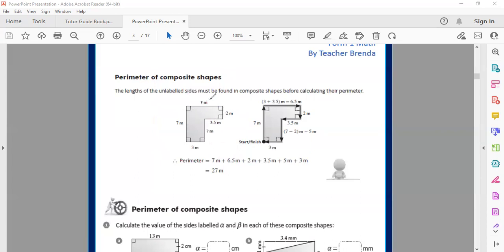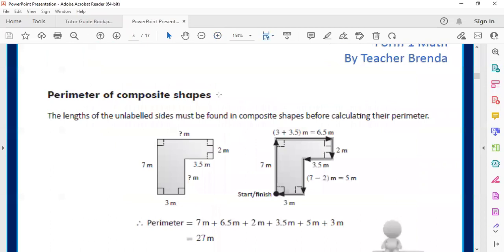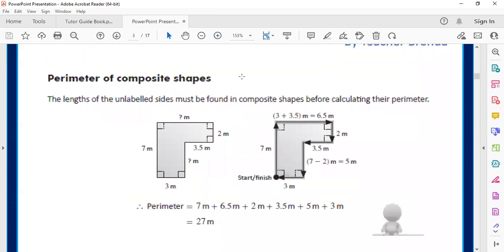Now you can see this length. Okay, I'll make it a bit bigger. Hold on. I myself cannot see. Okay, better? All right, you can see that the length of this is the same as this plus this. That's very obvious. So how do I find this? 3 meters plus 3.5 meters. So this is 6.5 meters.